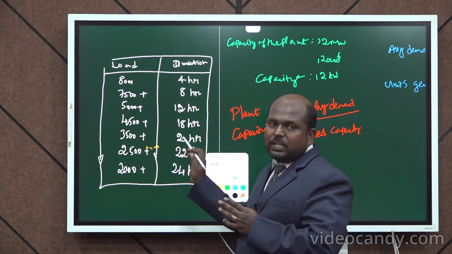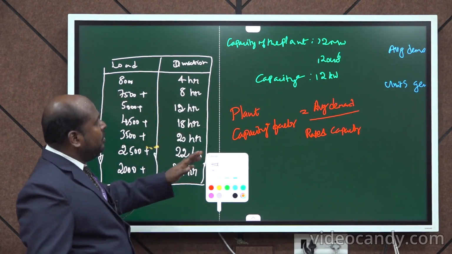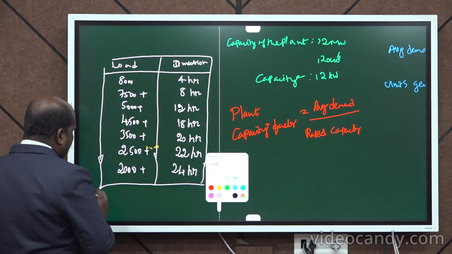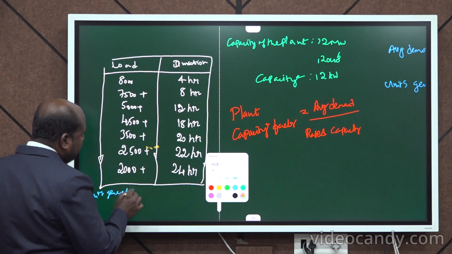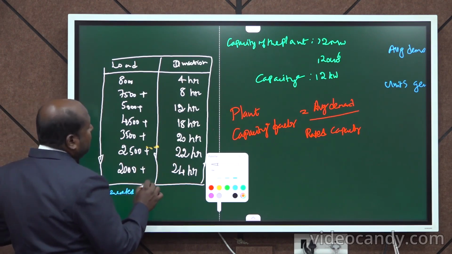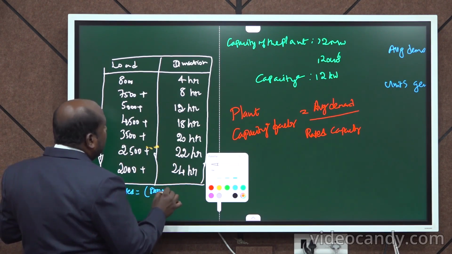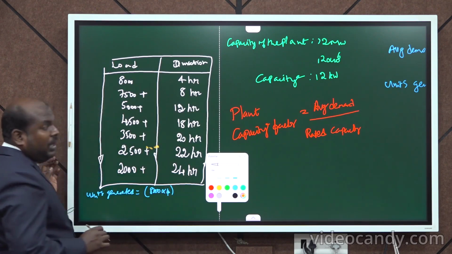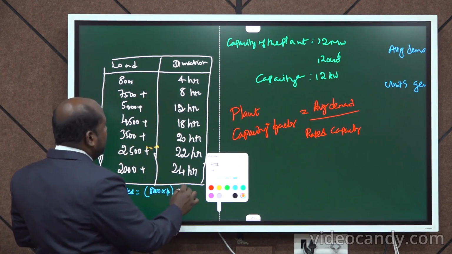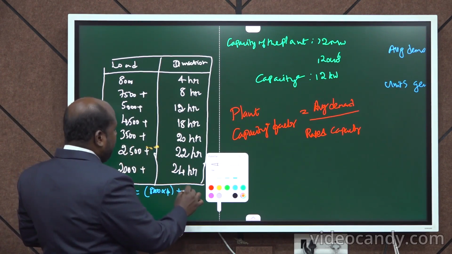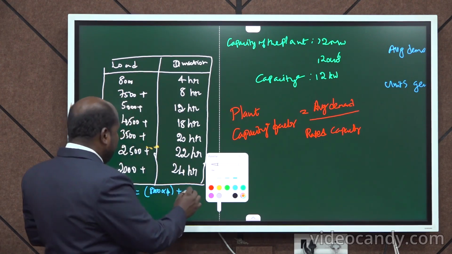So we are going to have this calculation now. Average load is going to be calculated by means of units generated. So units generated can be calculated through the formula: 8000 for a period of 4 hours, since we are discussing the prolonged 24 hours, then 7500 for a period of 4 hours.